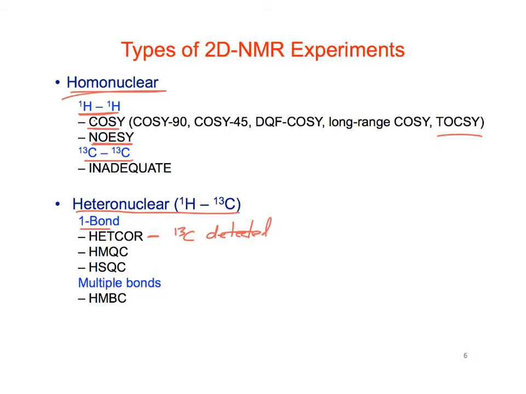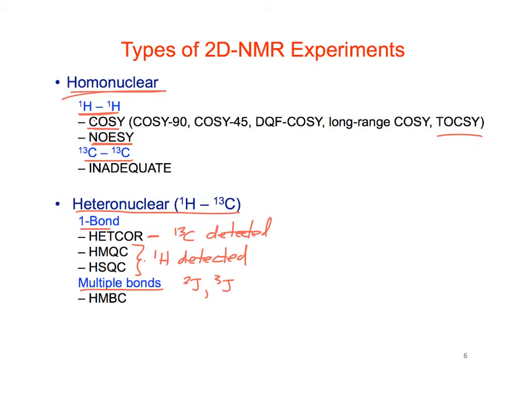But these other two experiments, the HMQC, and I think mostly people run the HSQC, are analogous experiments. These are proton detected. For multiple bonds, these usually show 2-bond couplings and 3-bond couplings.